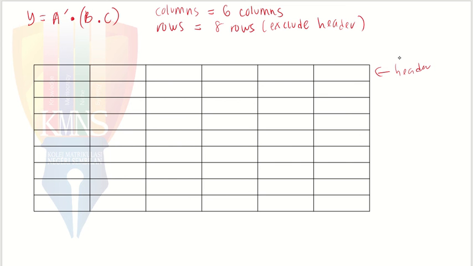Okay, so for the first column, as you remember what I did previous week, because this one is 8 rows, you need to start with 0, 1, 2, 3, 4, 5, 6 and 7. And then the first columns you need to do are the inputs.